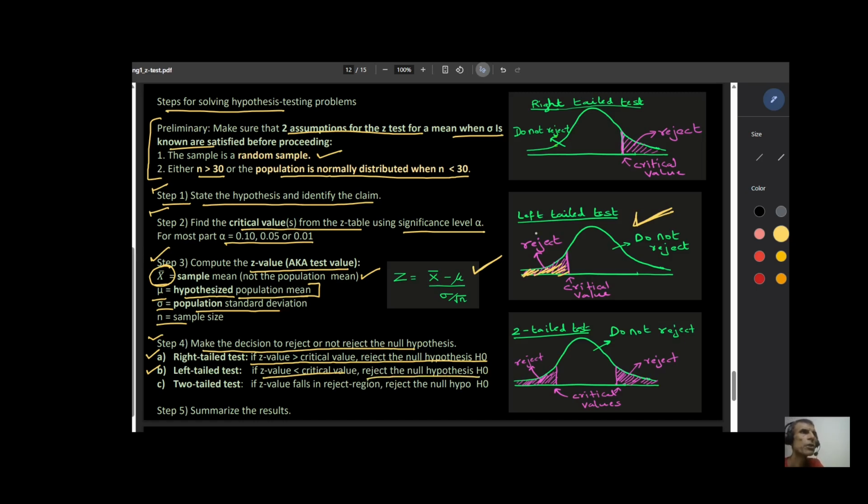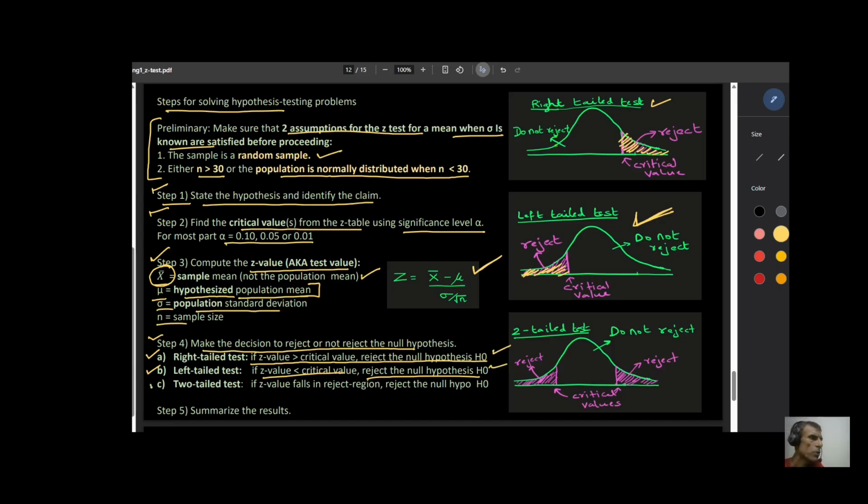Same thing with your right tail test, right here. If your z value falls in this region, if the z value is greater than the critical value, then you reject the null hypothesis.